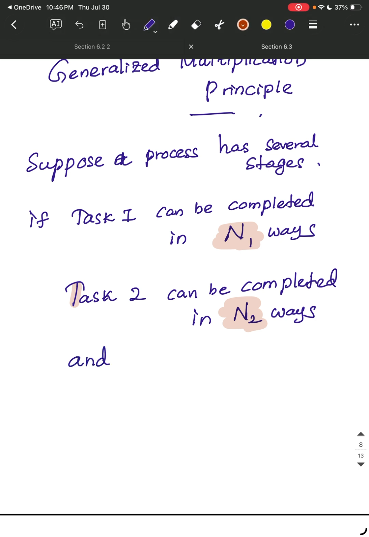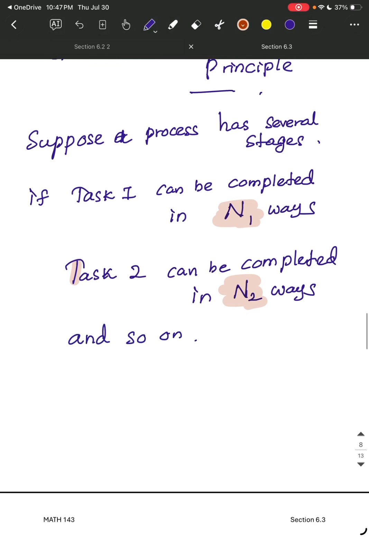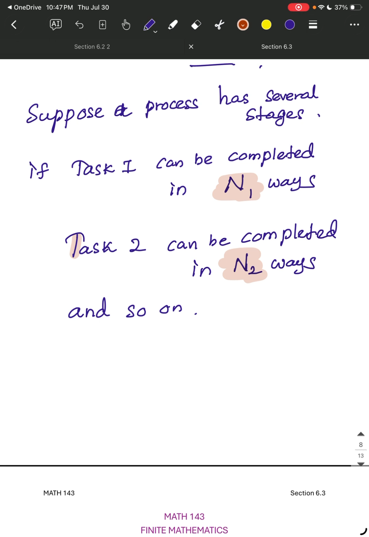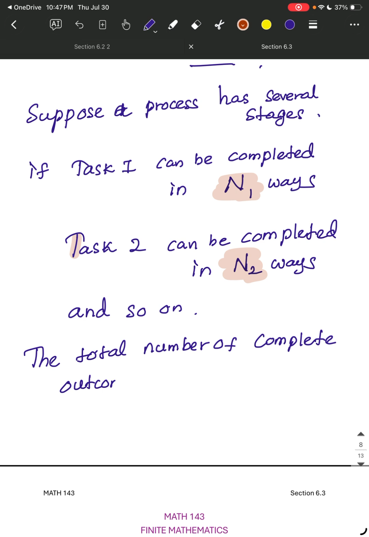Then the total number of complete outcomes is N1 times N2 times, up to Nm. There are m tasks.